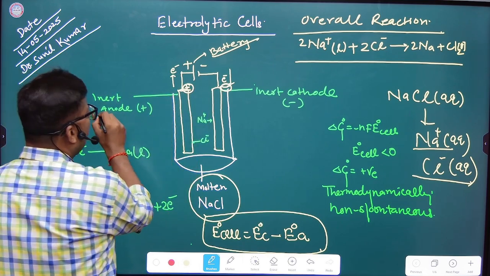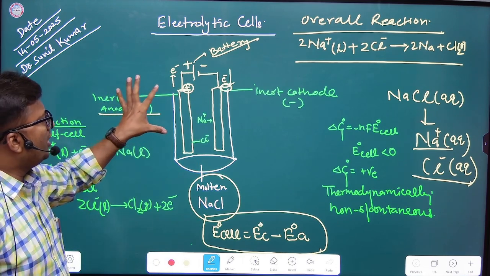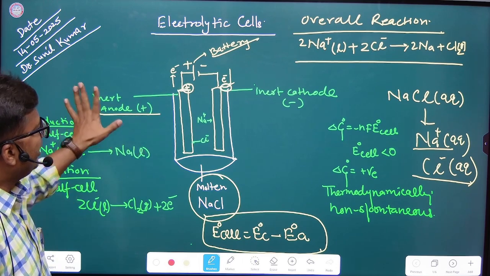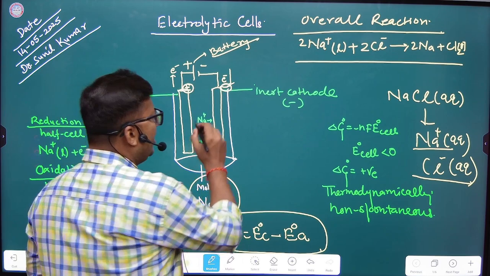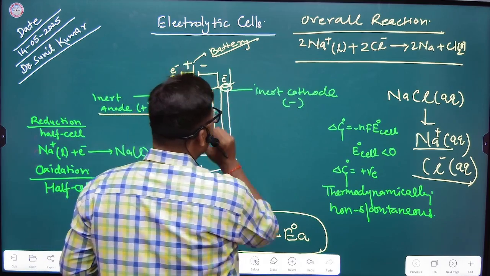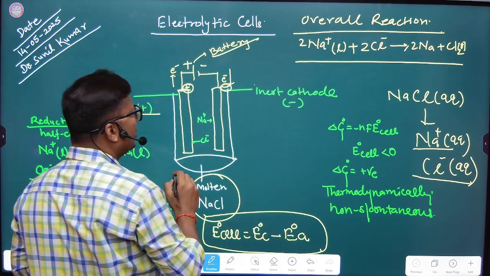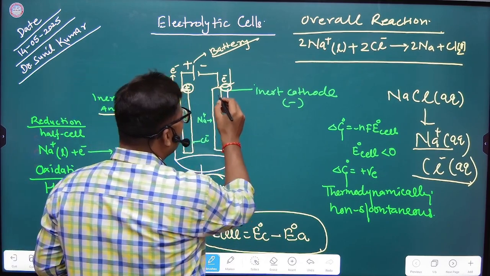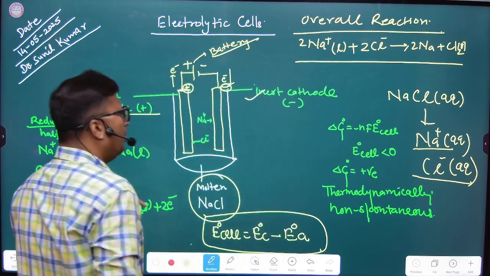So this is called the anode, right? One inert electrode acts as an anode. It has a positive charge, while the second inert electrode gains negative charge because it is connected with the negative pole of the battery. So it is the cathode, right?